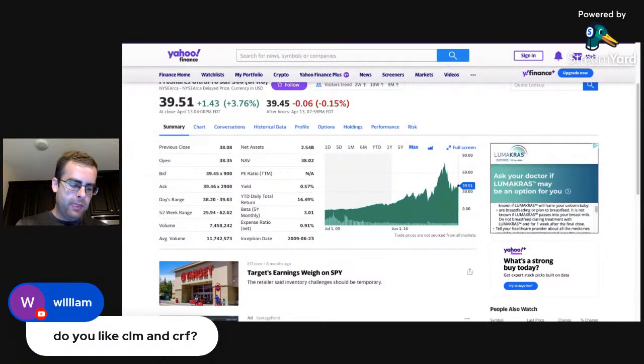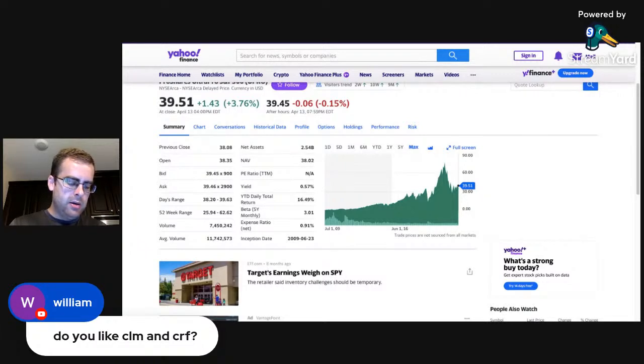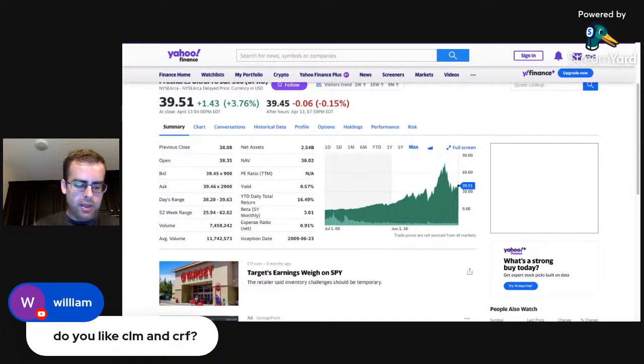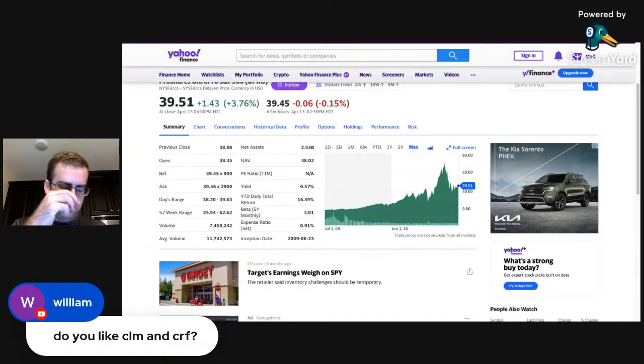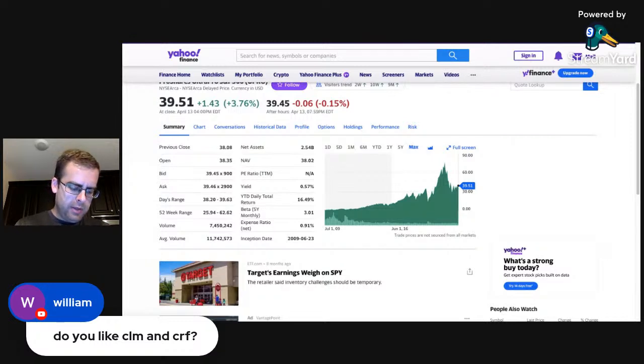18.82% yield. But this one, you got to keep an eye on because it's fallen off the cliff. In the last year, it's fallen like 48%. Hmm. How long has this one been around? 1987. Huh. Been around a while. Cornerstone. This sounds vaguely familiar. CLM, I think I covered.